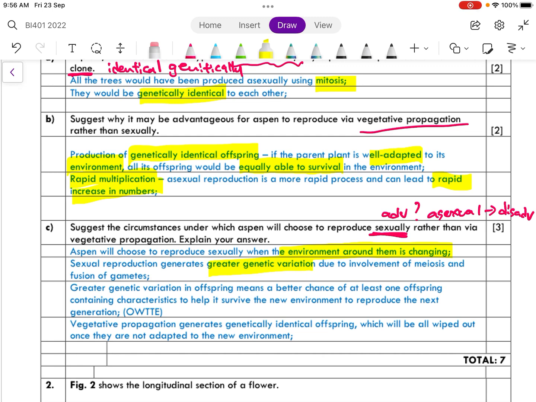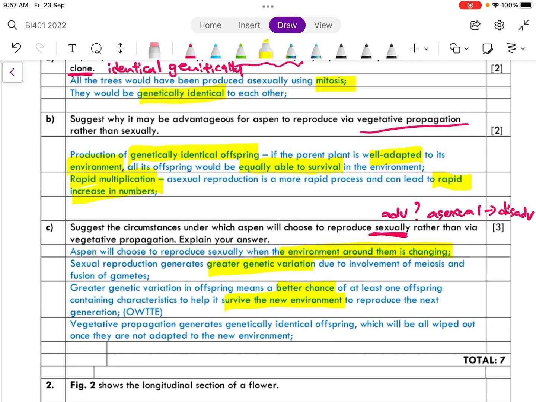And this greater genetic variation will mean a better chance of survival of the offspring in the new environment. Because if you have a population of organisms, each one slightly different from each other, the chances that some of these organisms are adapted to the changing environment will be higher. That will allow a better chance that the overall population will survive to the next generation.